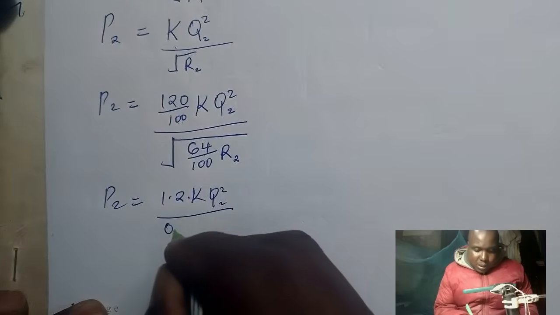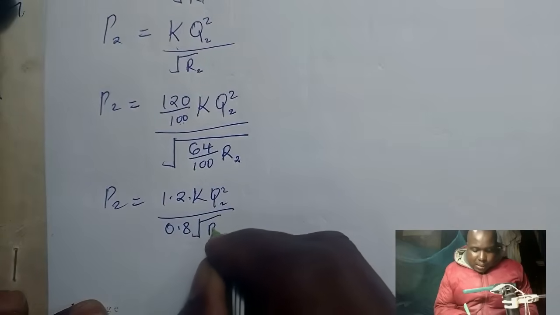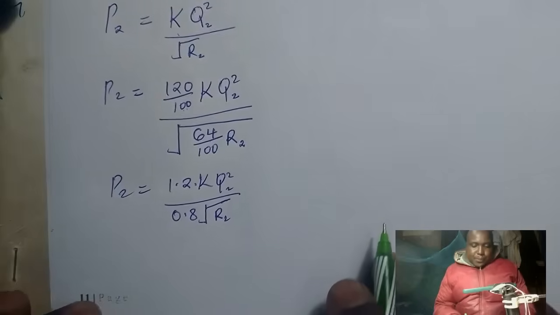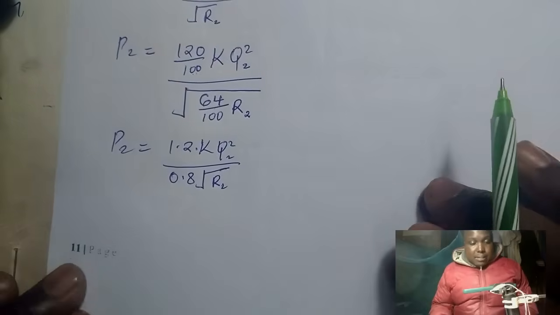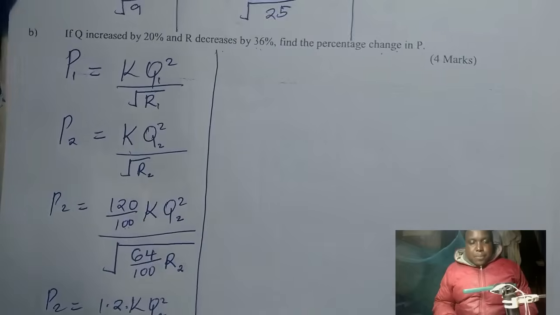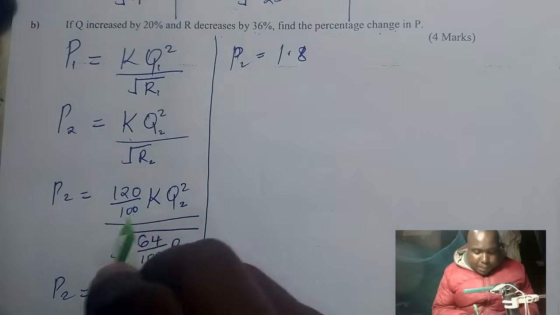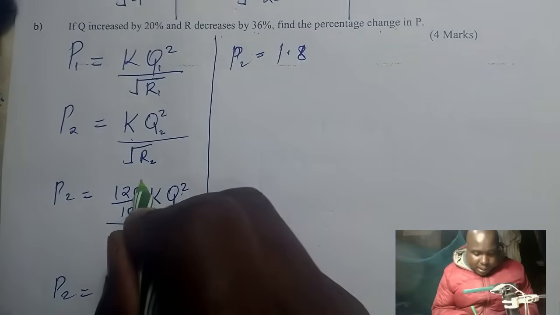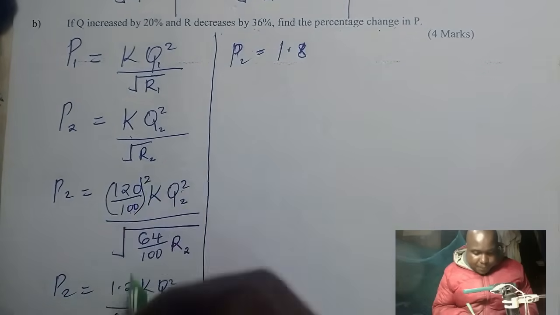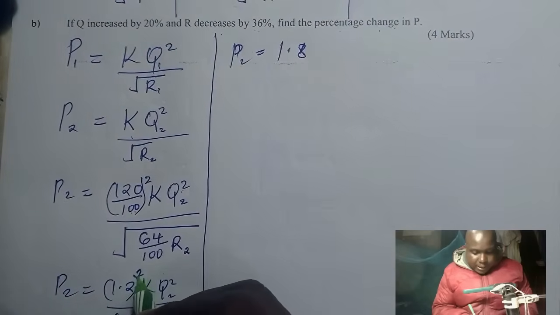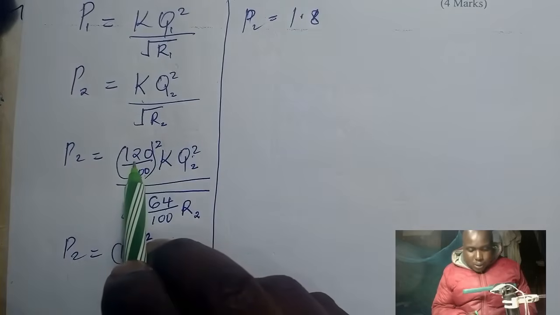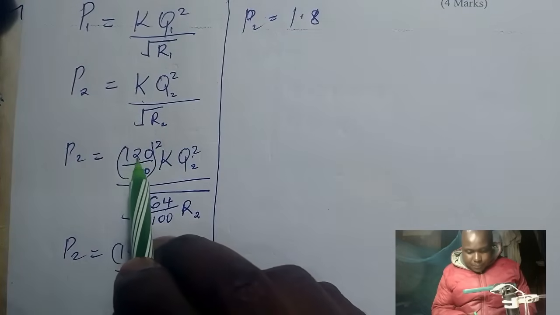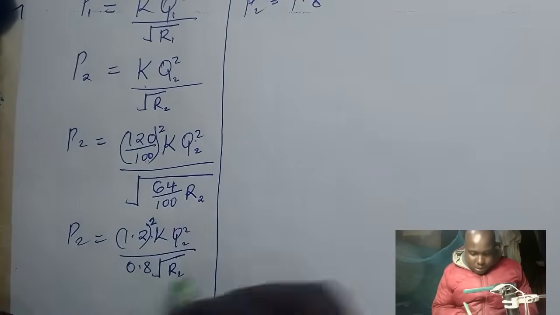The square root taken is 0.8 square root R2. So just divide the numbers. So remember Q was squared, therefore whatever answer we get here should be squared. Please remember that, because this Q was squared, the answer here is going to be squared.